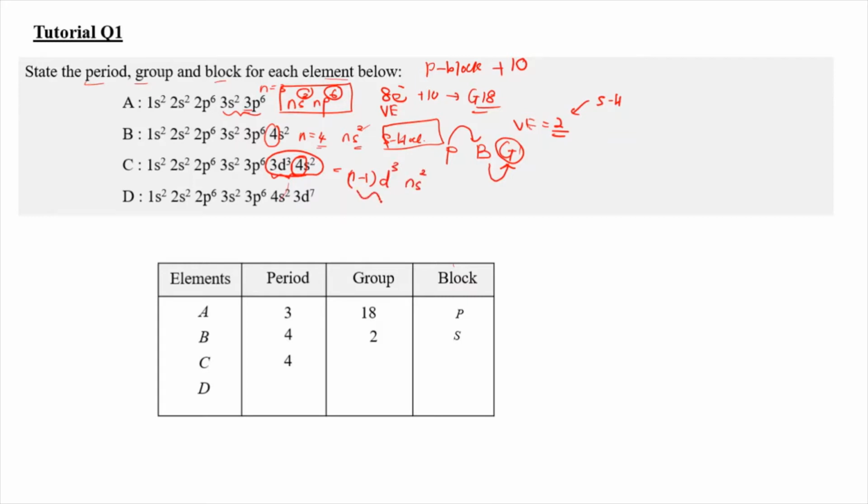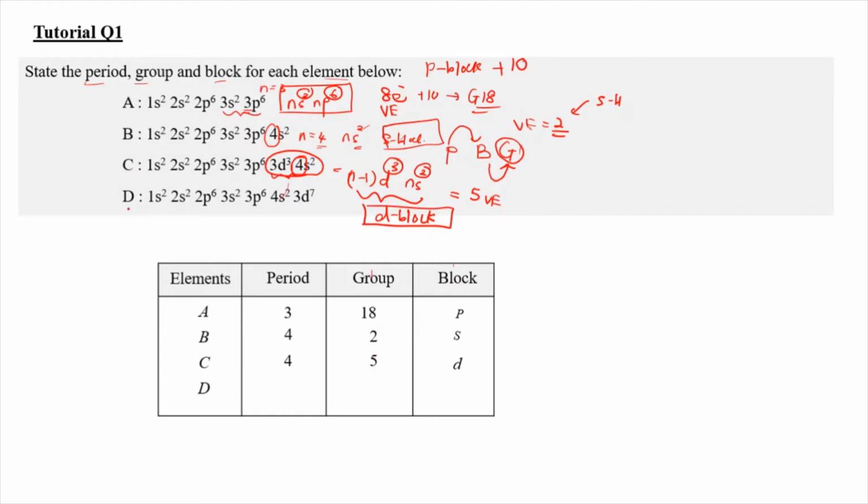When you see n minus 1, d, and ns, you know that it is located in the d block. For the d block, the number of electrons in the d orbital is added to the s orbital. So the total number of valence electrons is 3 plus 2, which is 5 valence electrons, and this determines the group of element C.